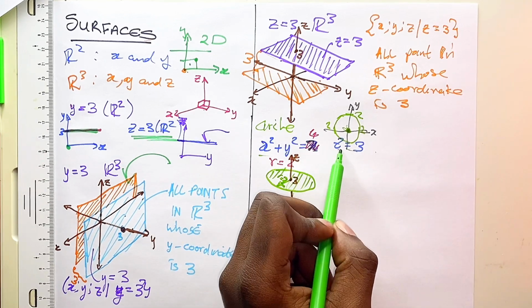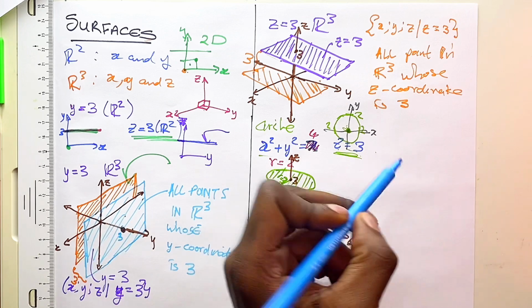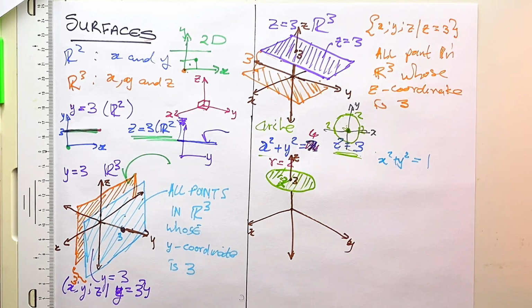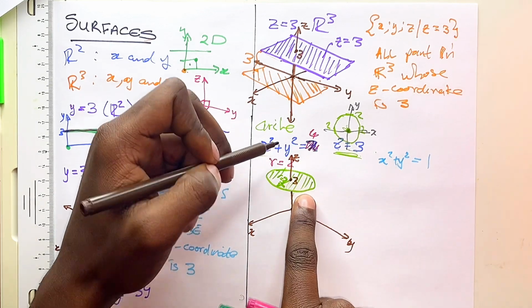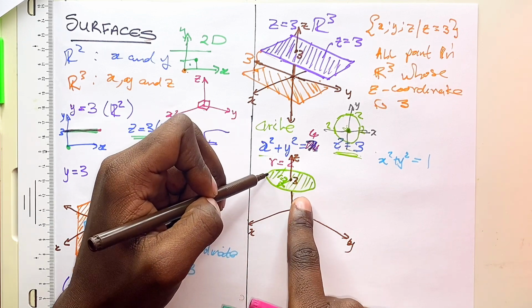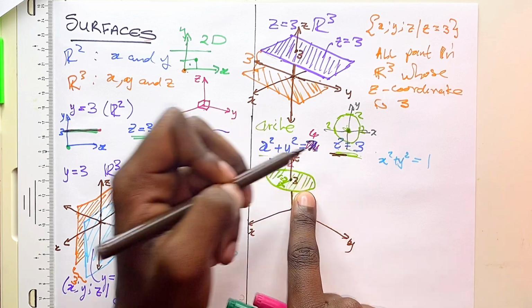Now suppose that we were not given z equal to 3, we were just being told that in 3 dimensions draw x squared plus y squared equal to 1, for instance. Now the first thing that you always do, you will draw your Cartesian plane. Now here's my thing. If you have a circle here, now this circle is only at 3 because we were very specific that z is equal to 3.